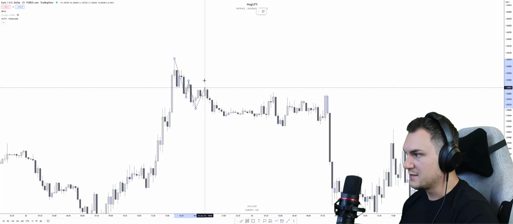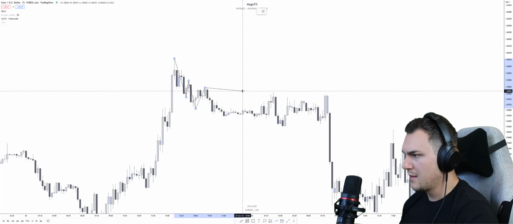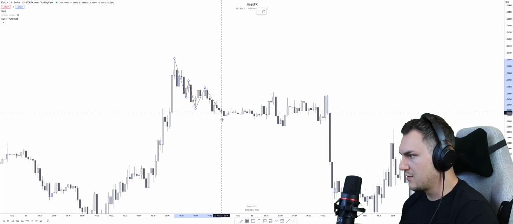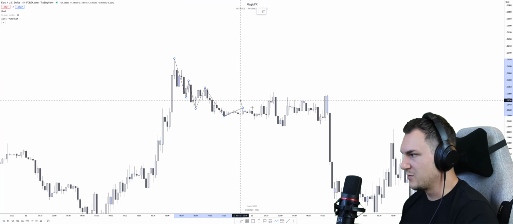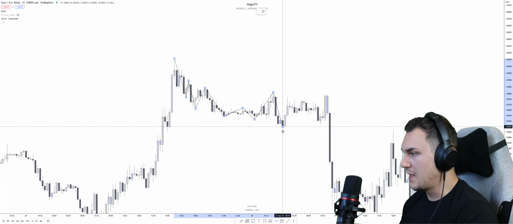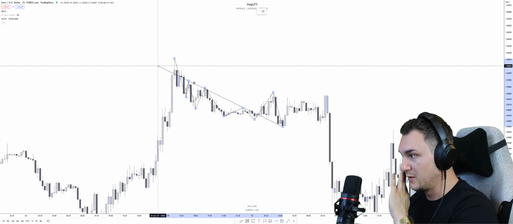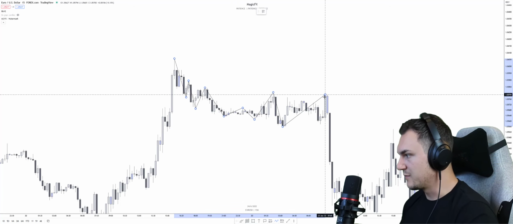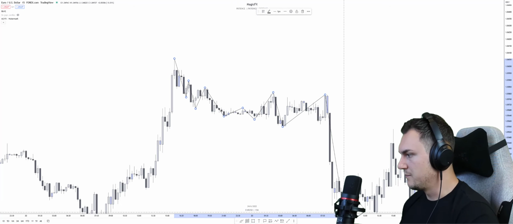Then we created this structure here, cemented at this low, pushed up, failed to mitigate the premium of this, pushed down, came back up, mitigated this, pushed down again, and then ultimately you can see you could follow this structure all the way down, take a trade from here, and boom, down she goes.